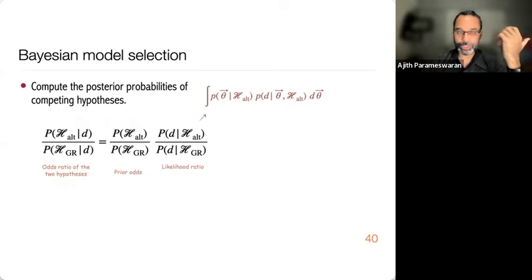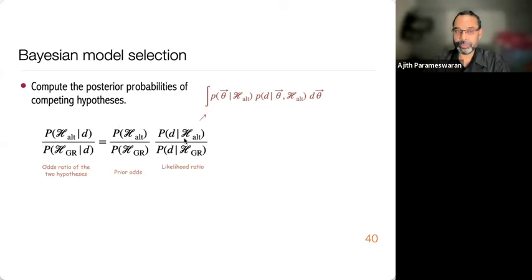So one could ask the question, given the data D, what is the posterior probability of this alternative theory being the right theory versus the general theory of relativity being the right theory? So one can compute the Bayesian odds ratio between the two hypotheses.